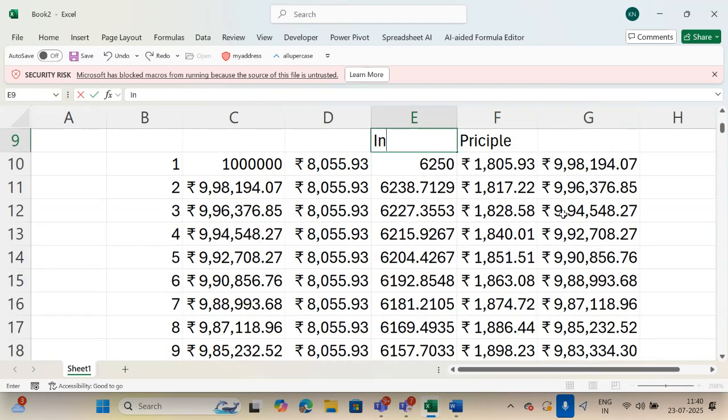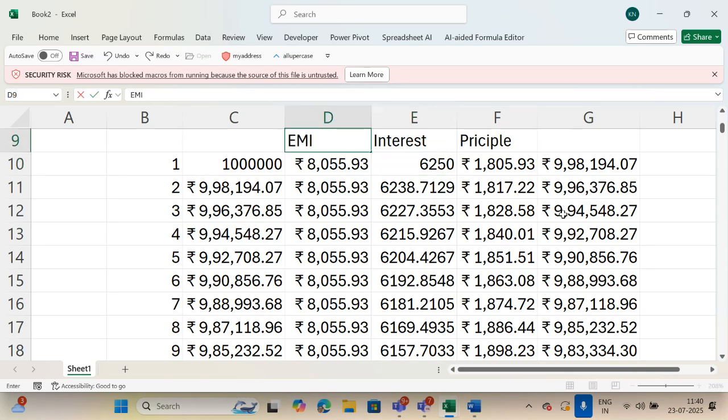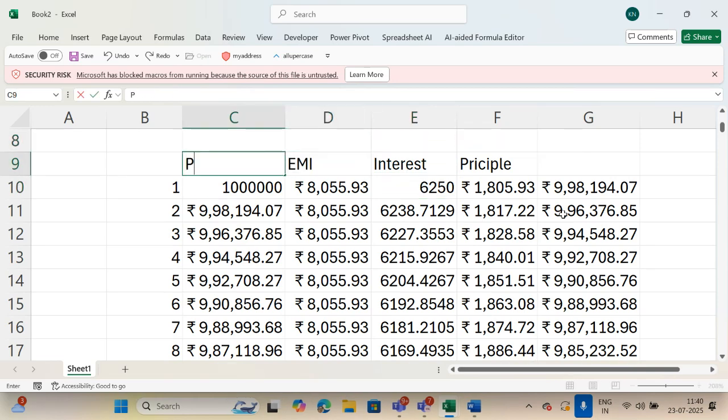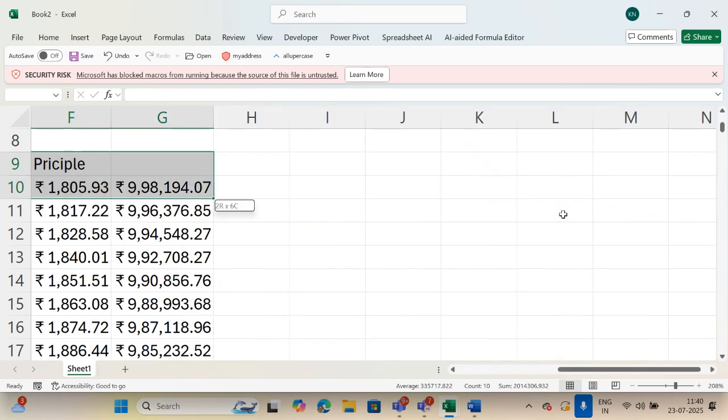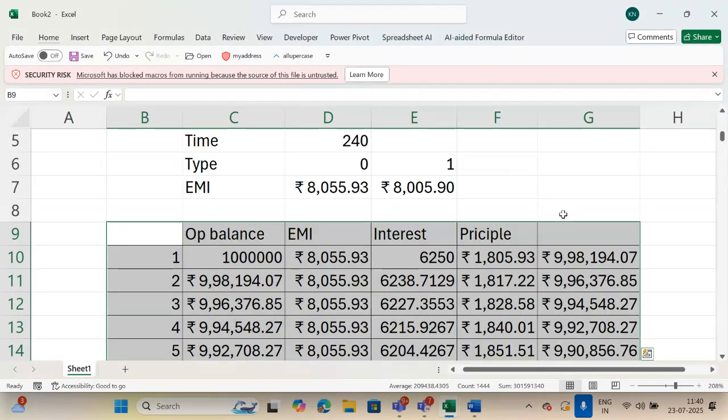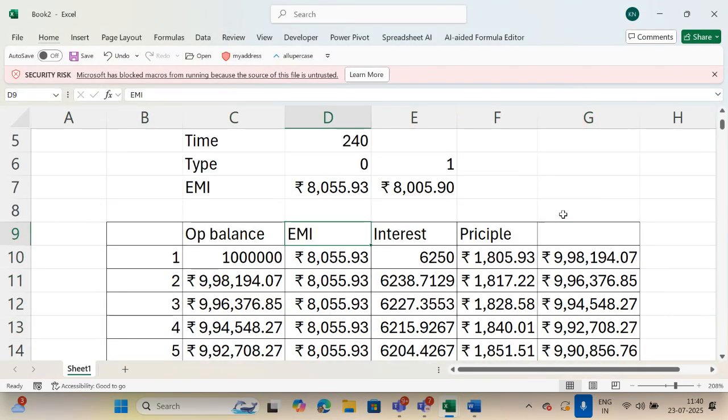See, here is the interest. This is your EMI, and this is your principal, the present value, or opening balance, you can say. Are you getting it?